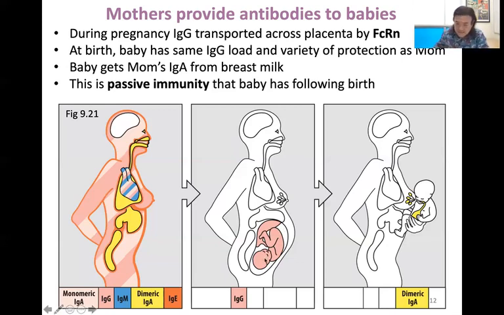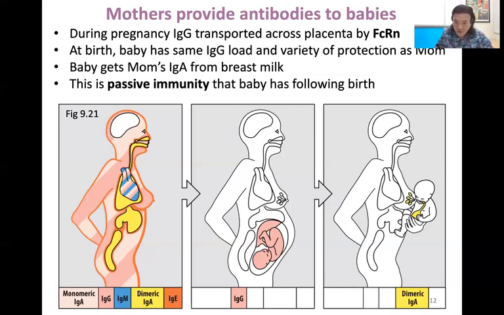When she gets pregnant and baby is developing in the womb, IgG is the primary and pretty much only immunoglobulin that gets transported across the placental barrier into baby. What does that mean? That means during gestation, mom is actually passing on to baby a library of different immunoglobulins that mom's body has learned how to make.